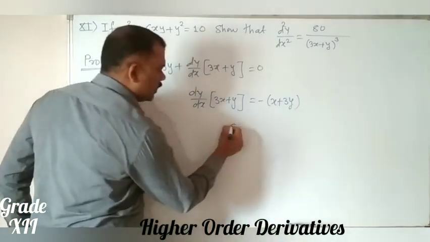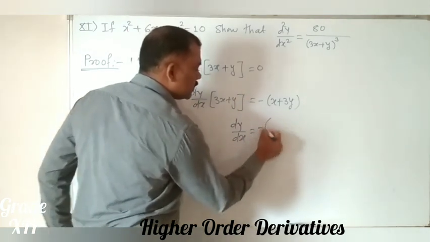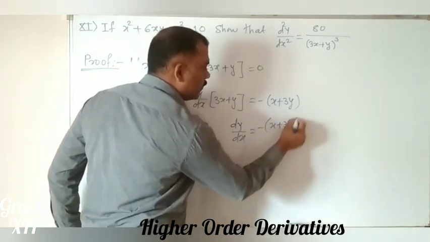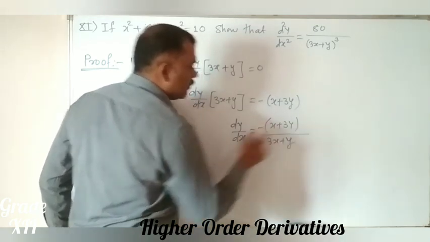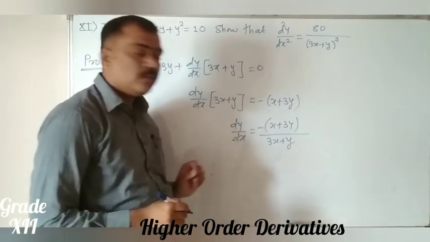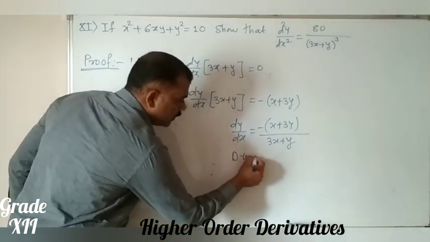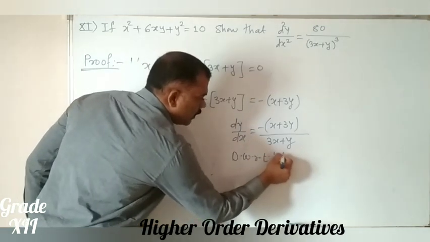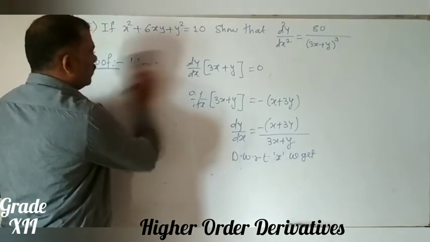So we have to write dy by dx is equal to minus into x plus 3y divided by 3x plus y. We require here d2y by dx square, so we have to again differentiate with respect to x.